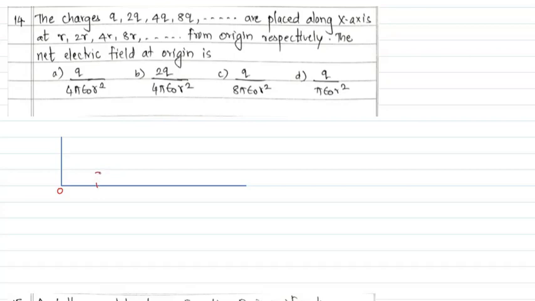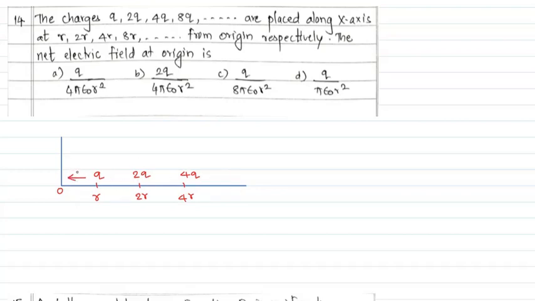Charge q is placed at a distance r. Charge 2q is placed at distance 2r. Charge 4q is placed at distance 4r, and so on. So if you observe, all charges are positive.